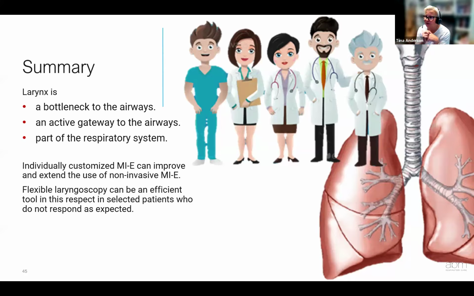And we have to consider it because it's part of the respiratory system. And we can help these patients to extend their use of MIE, with individually customized MIE treatment, not just settings, but also how many cycles and positions.